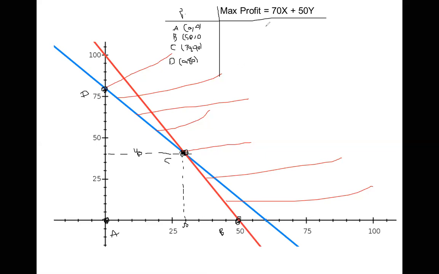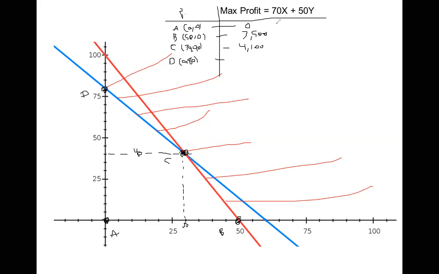Okay, direct substitution: for 0, 0, that means 70 times 0 plus 50 times 0 equals 0, so the first point gives me a profit of 0. The second point, 50 and 0, that means 70 times 50 plus 0, that equals 3500. So the value is 3500. Okay, the third point, 30, 40, just direct substitution, we'll find it 4100.